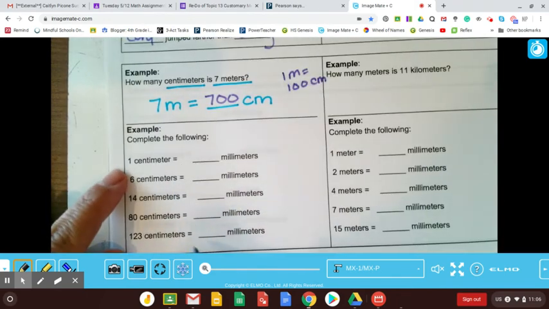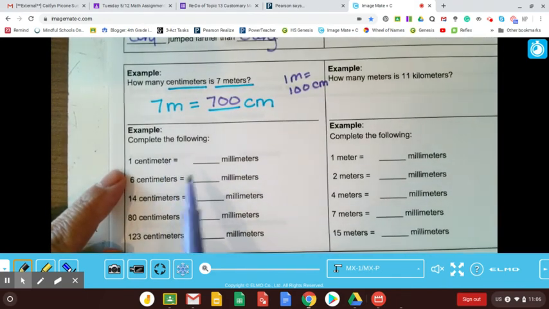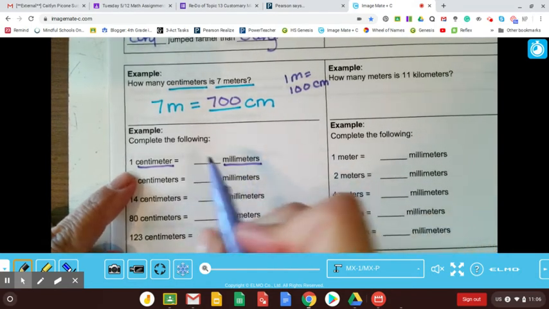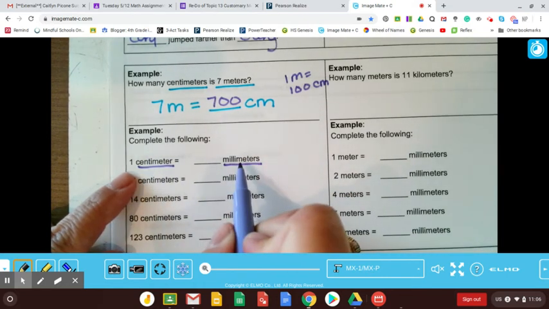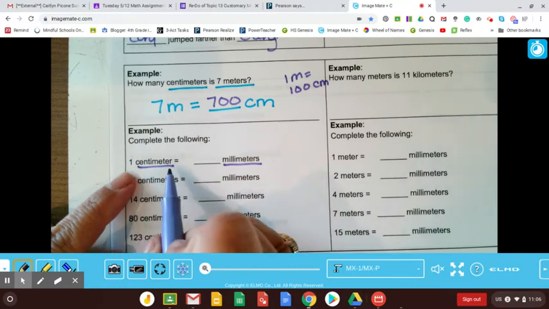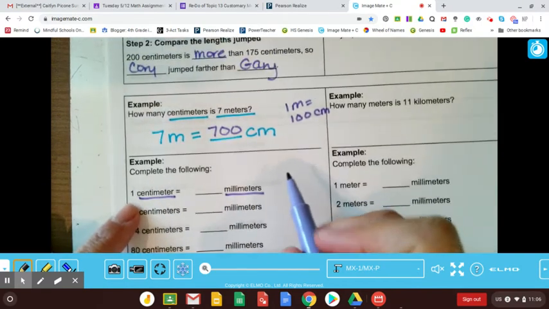Let's take a look down here. All of these examples are going from centimeters to millimeters. So it's going from a bigger to a smaller unit, I multiply. I also know that in 1 centimeter, there are 10 millimeters. I got that from right here.